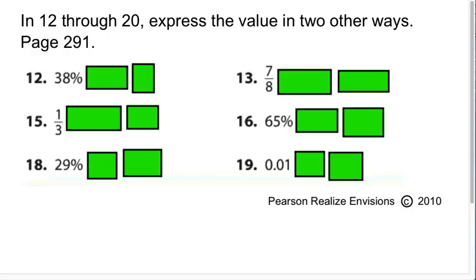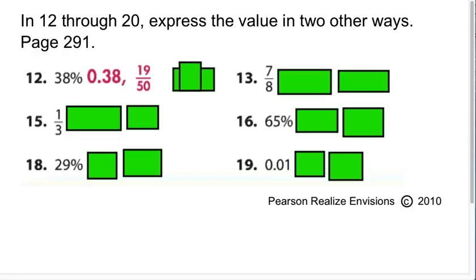Alright, let's take a look at how you did. 38%, when you write it as a decimal, is going to be 38 hundredths, because all you do is take your percent sign, move it 2 places to the left, and you create your hundredths. As a fraction, it would be 19/50ths. The way you come up with 19/50ths is you have to remember that 38 hundredths written as a fraction is not in lowest terms.